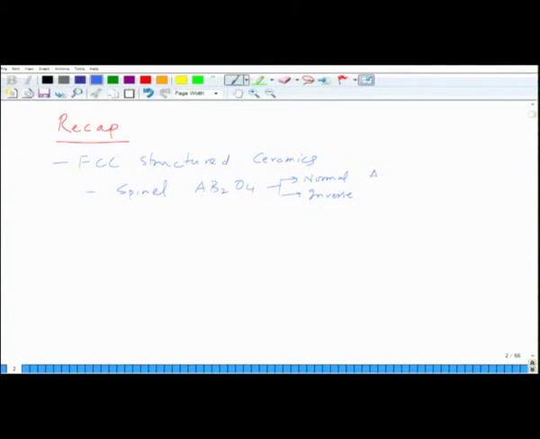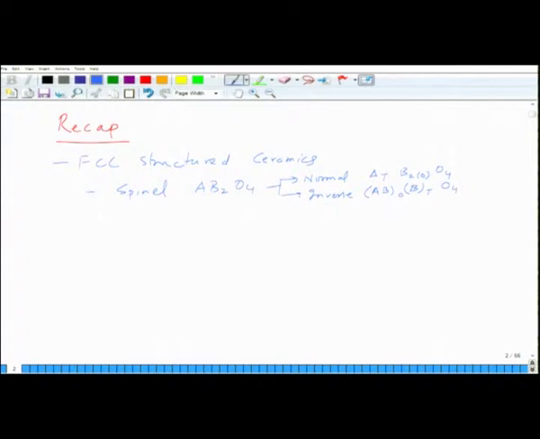In normal spinel, A goes to tetrahedral, B goes to octahedral, and oxygens make an FCC lattice. In case of inverse, A and B go to octahedral, and one B goes to tetrahedral, and oxygen makes an FCC lattice.